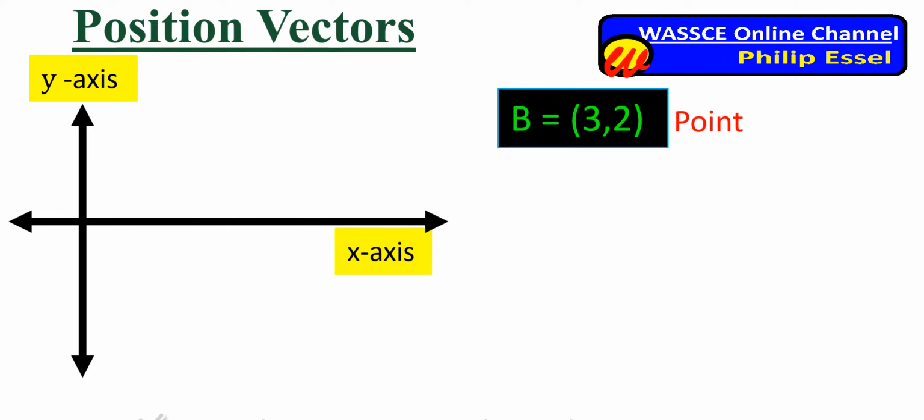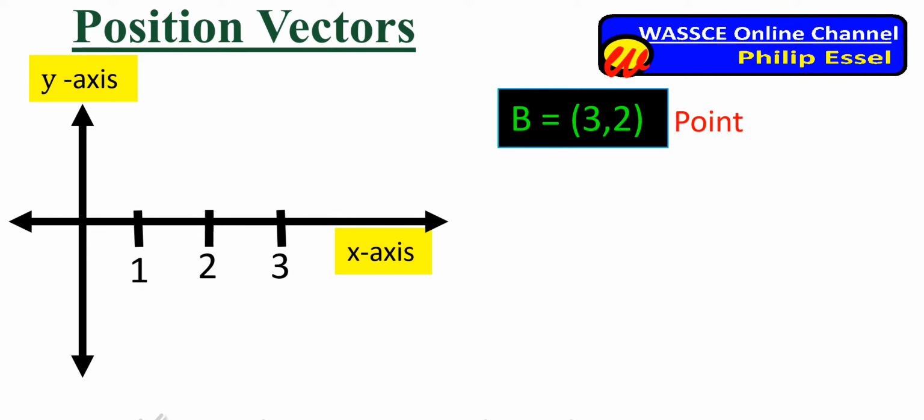So first we would have to draw our xy plane or our Cartesian plane. As you can see from the point b, its x-coordinate is the number 3. So on the x-axis, let's label it to the number 3.